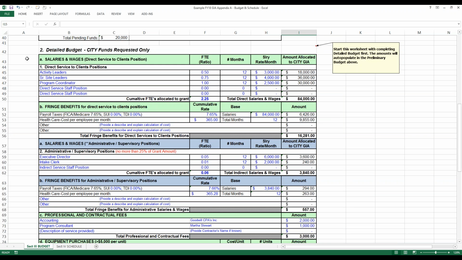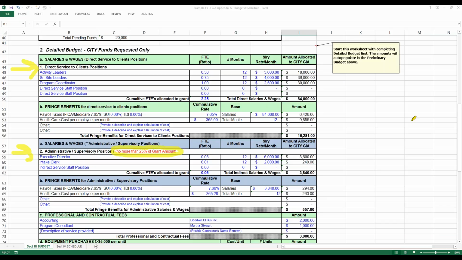So going back to the detailed budget, as I mentioned, the payroll is divided into two sections: the direct services positions and administrative positions. And let me highlight it here, administrative. One of the reasons we separate them is because the administrative services position is limited to 25% of the grant amount.